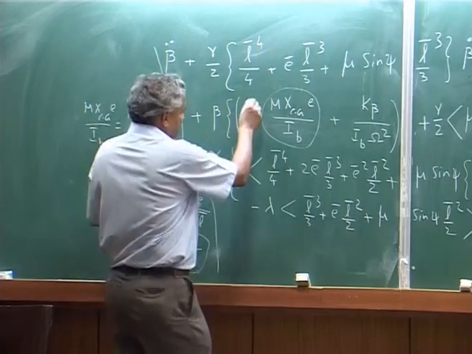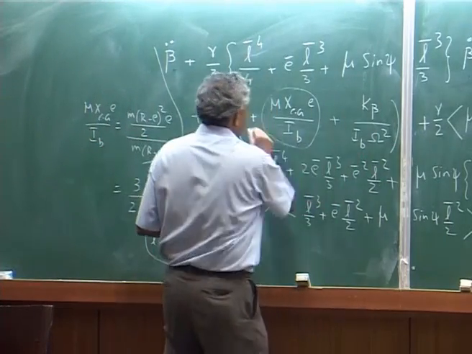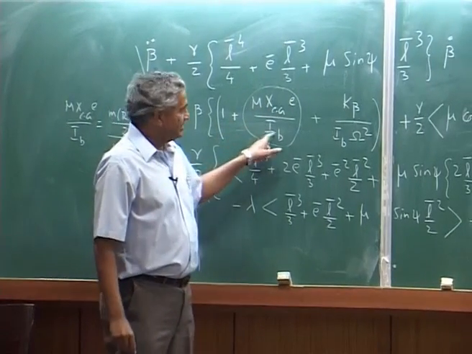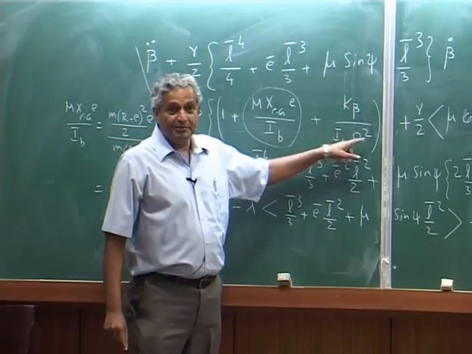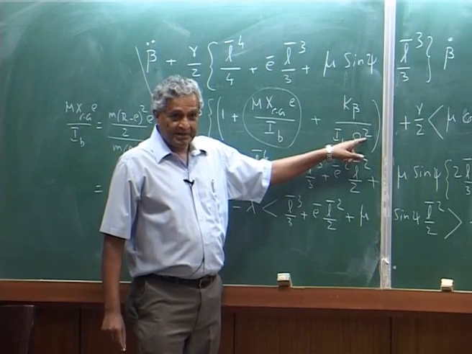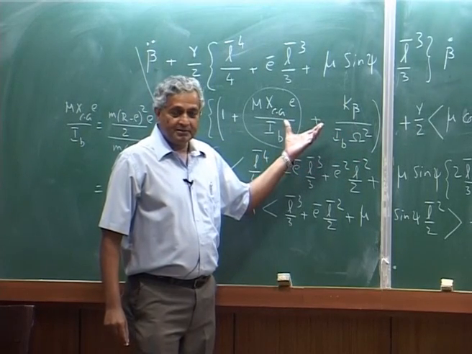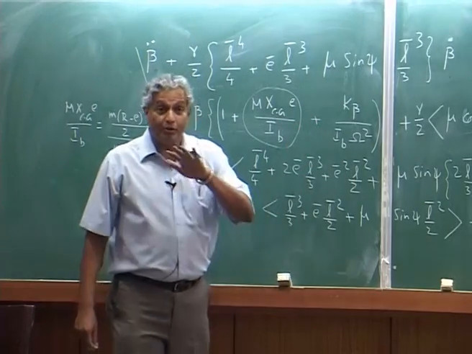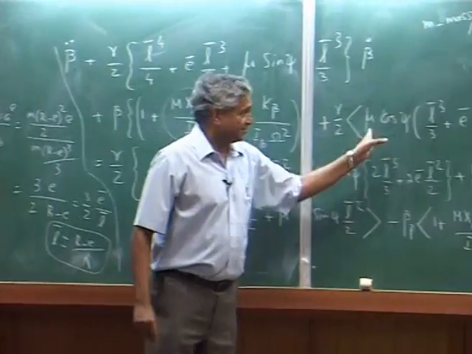If you look back at your equations, here I am having a little bit more complicated. So, this particular term, 1 plus m x c g e over I b plus k beta over I b omega square, this is my rotating flap natural frequency in hover, because this is not there.